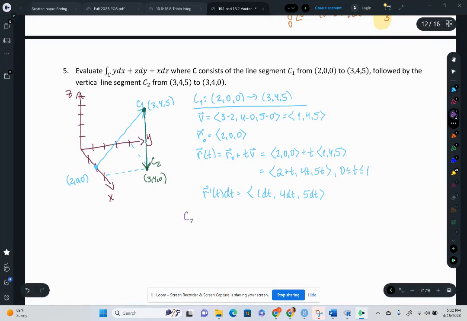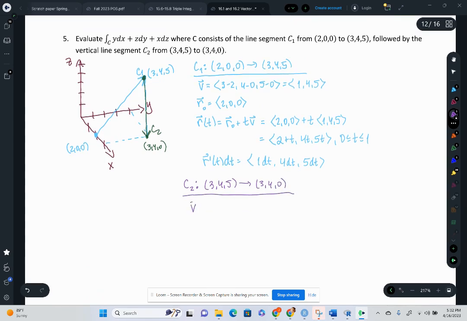So C2 is very similar. We have a point 345 going to the point 340. Again, I need to create a parallel vector, V. So I'll start at the later point, subtract the earlier point. 3 minus 3, 4 minus 4, and 0 minus 5 gives me a parallel vector that has components 0, 0, negative 5. R naught is the first point given. So it's the 3, 4, 5.